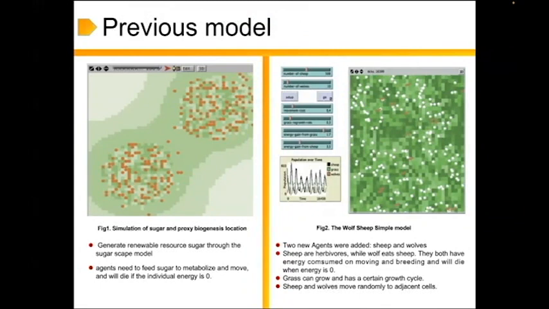They both spend energy on moving and breeding. They will die when the energy is zero. The third part is that grass can grow and has a certain growth cycle. The fourth is that the sheep and wolves move randomly to adjacent cells.